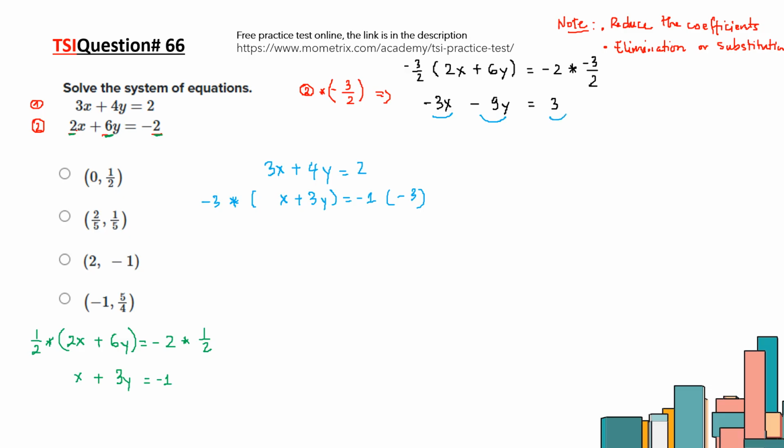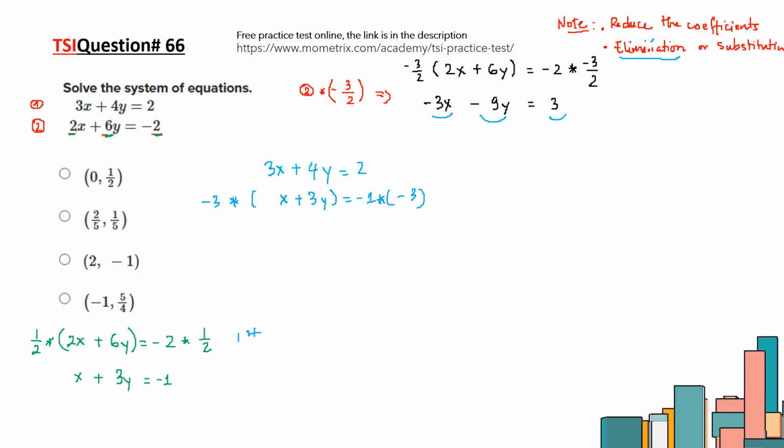So that's why we do 2 steps at once instead of doing it twice. The first step is to reduce. Then we try to find the same coefficient as the first equation but opposite sign. Then we can add the 2 equations together to eliminate x, so I will choose elimination in this case.